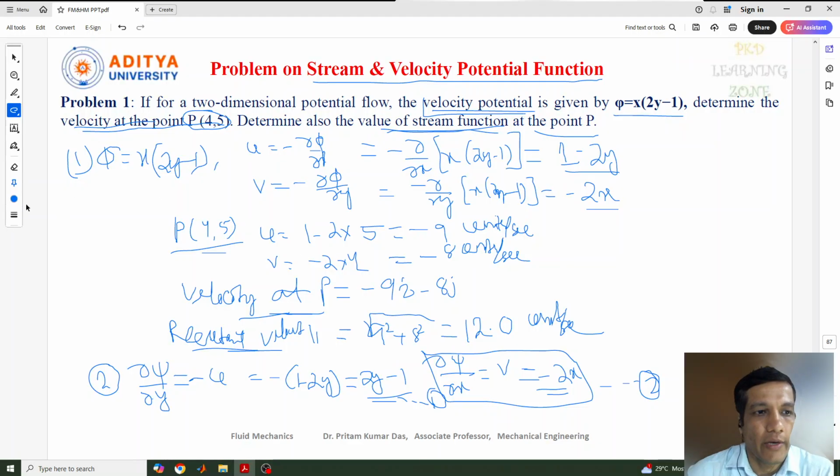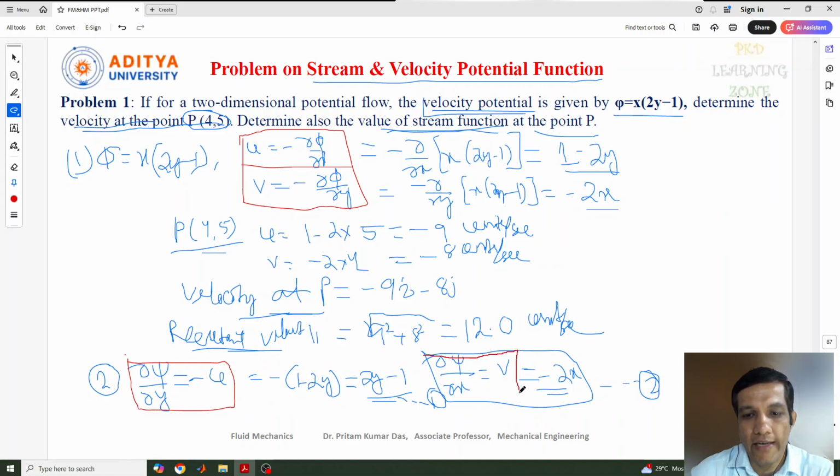We only need to remember these formulas. This is the formula as per the definition of velocity potential function: the velocity components in the particular direction we need to consider with negative value. But for the stream function, you need to consider the right angle velocity component.